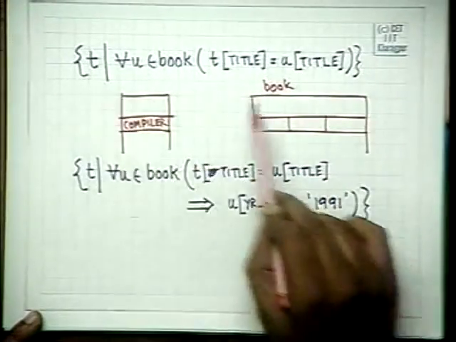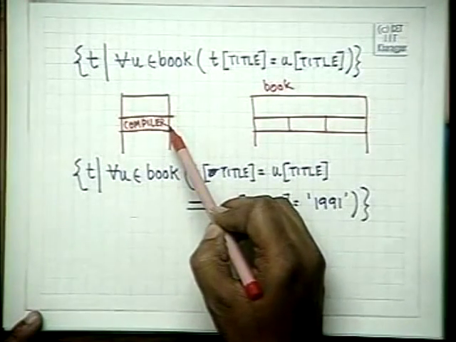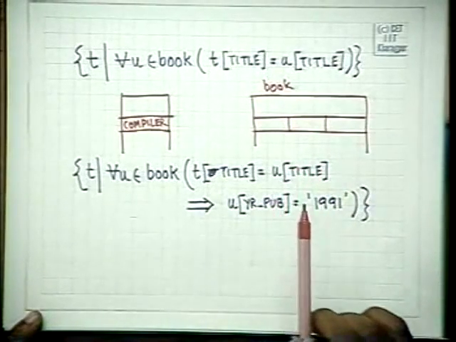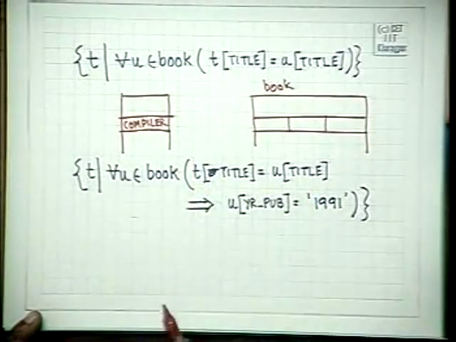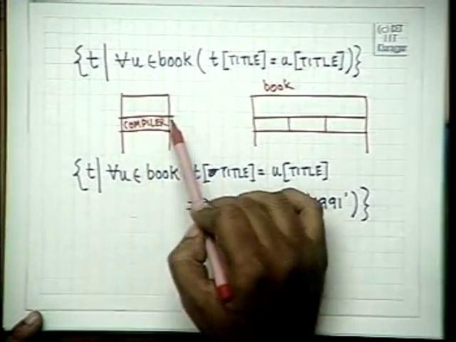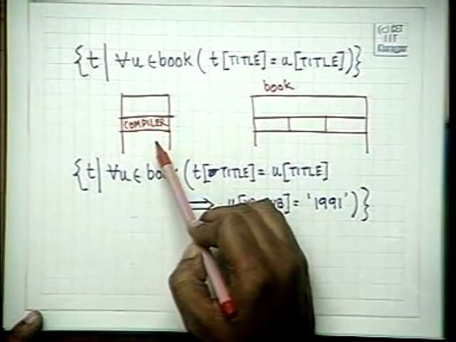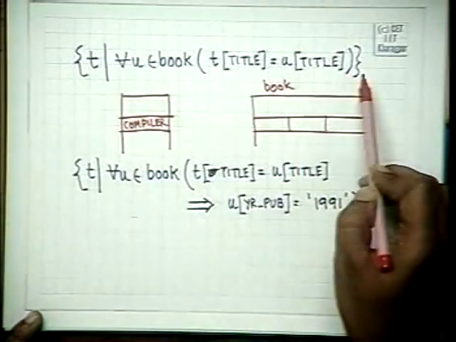So what does this query reveal? This query will give you a title provided there is only one title among the set of books, which is compiler. This query can return only one name. It cannot return more than one name, because if it returns more than one name, there must be more than one name here, which will violate this relationship anyway.